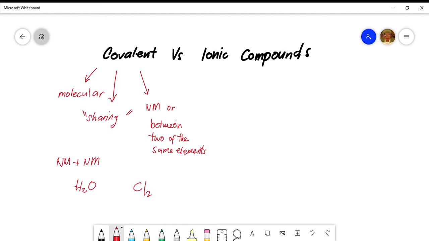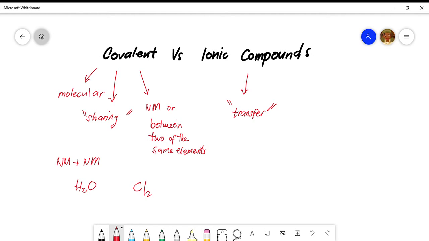While ionic compounds are formed due to transfer of electrons. So the term for ionic compounds is transfer. These are formed due to the transfer of electrons, or electrons being transferred to the negatively charged atom.